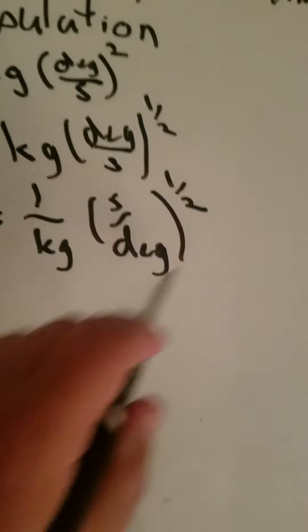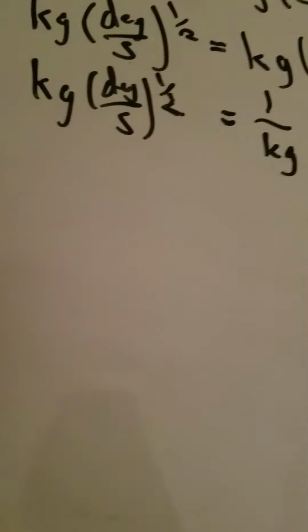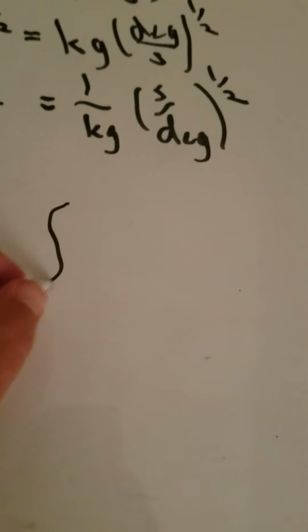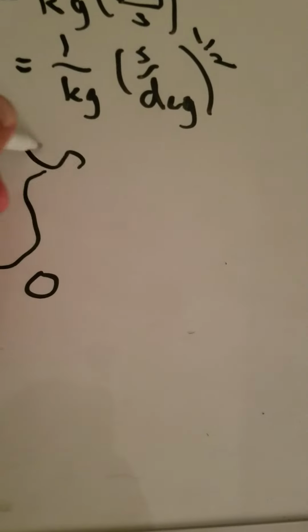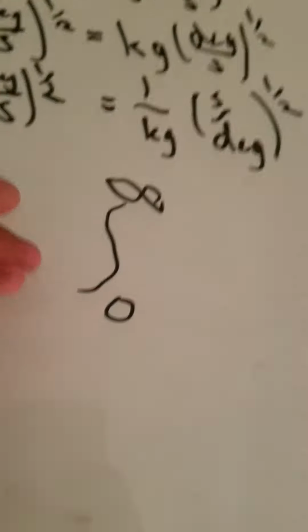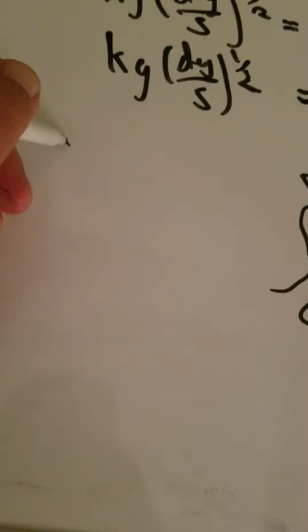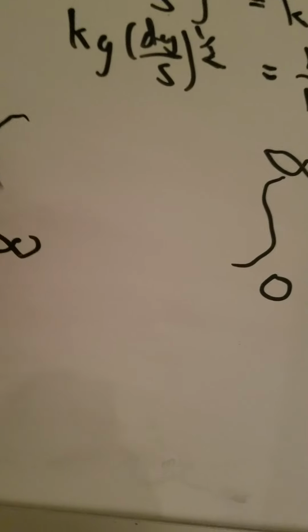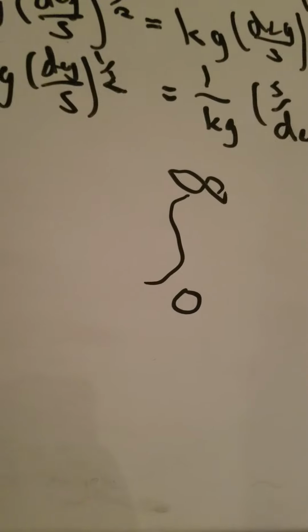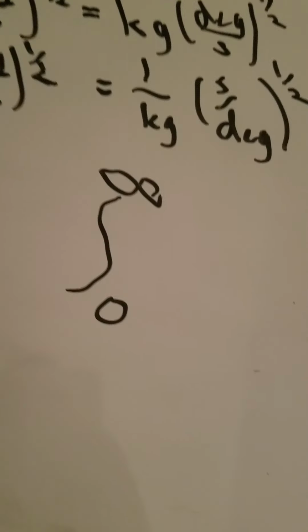This reciprocal is why I believe that the limits on the right side are from 0 to infinity, while on the left side, it's negative infinity to 0. There's the reciprocal. But I'll go ahead and finish.